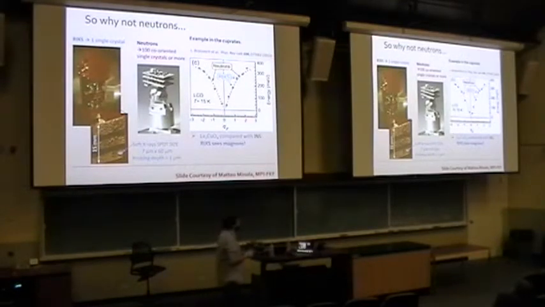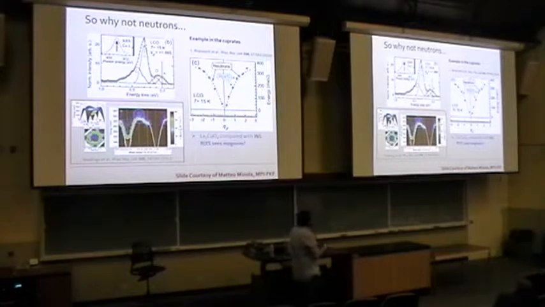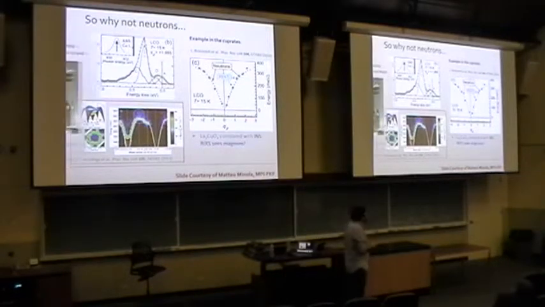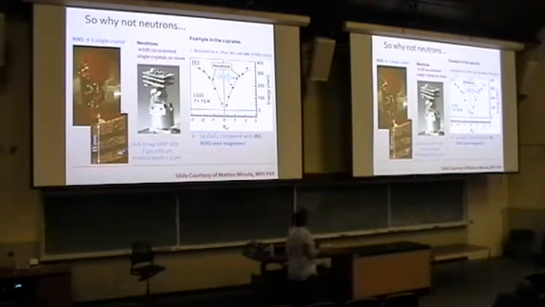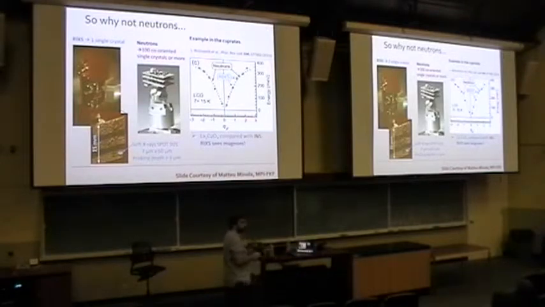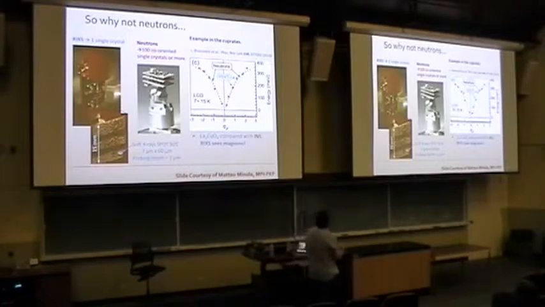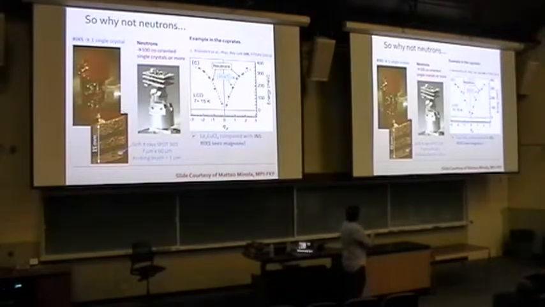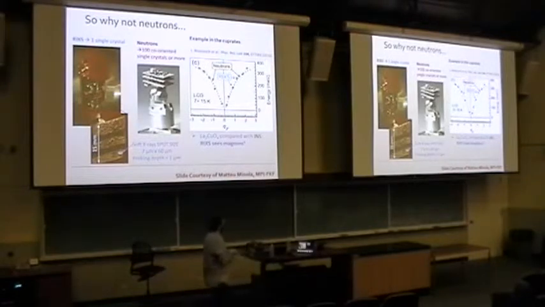So for that kind of quality neutron data, you may have to ask your students to grow 100 different crystals and co-orient them on some sample holder and make sure that it's all aligned, and that student will be, well, I suppose highly frustrated, but eventually is going to get this done and get some nice neutron data.